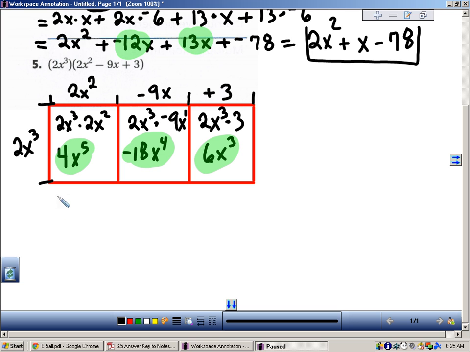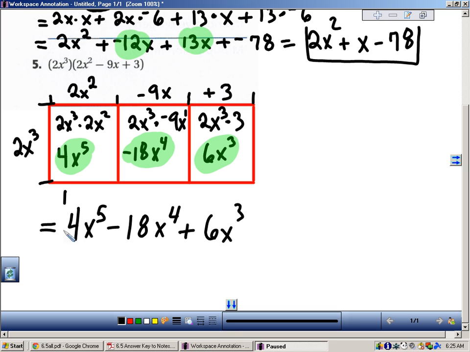So the product is, let's combine them, 4x to the fifth plus negative 18x to the fourth, which is identical to saying that you're subtracting 18x to the fourth. And this is a positive 6x to the third, which means you're adding 6x to the third. And that is the product of these two polynomials.